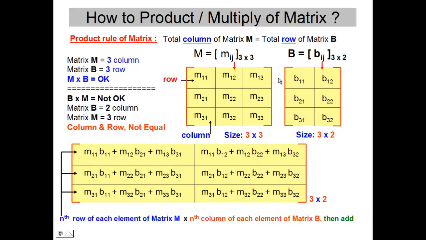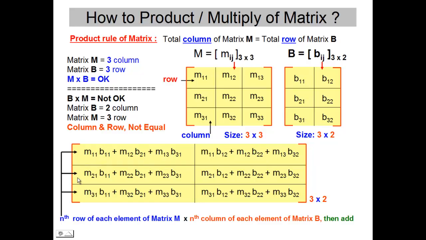So first, second, third. The other element is M11 multiply B12 plus M12 multiply B22 plus M13 multiply B32. This is for the first row, first and second element.